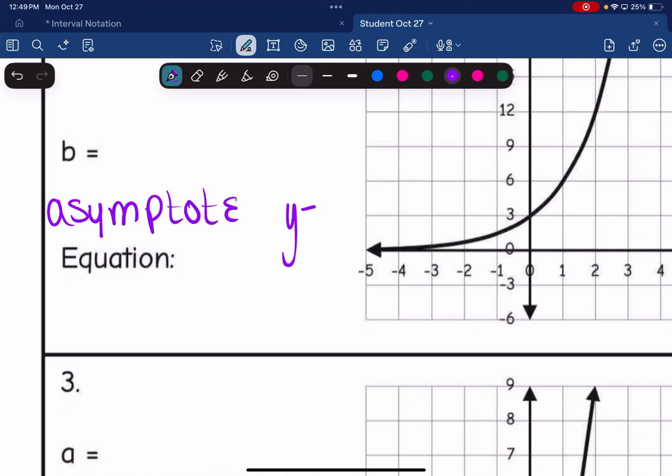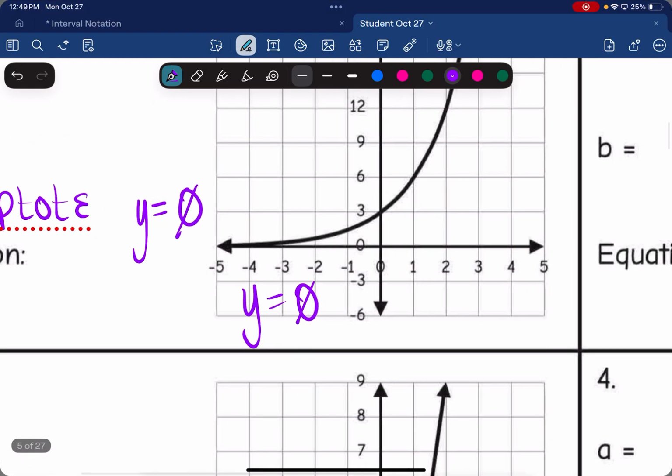Where it gets really close to the... Good. So what line does it get close to but does not cross? The x-axis. So that is y equals 0. So if y equals 0, that means we could determine my k equals 0.